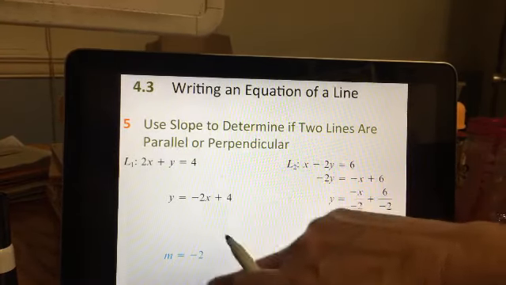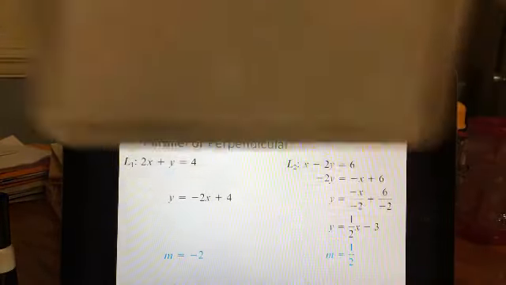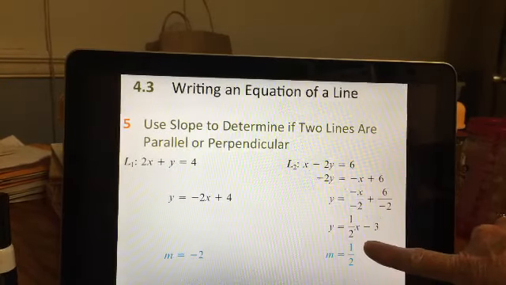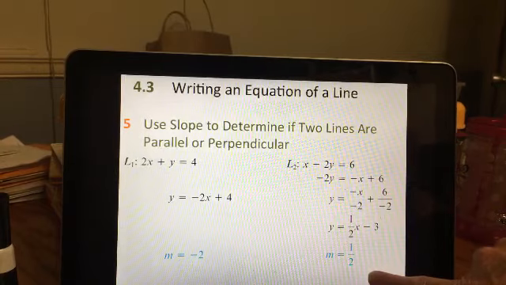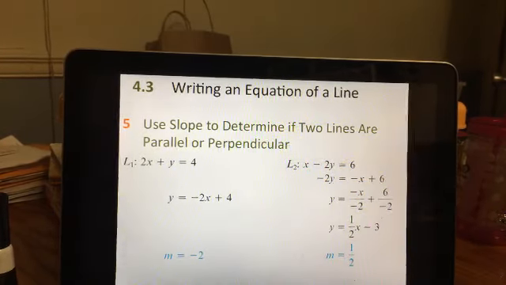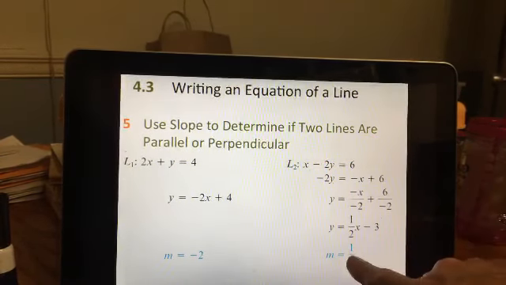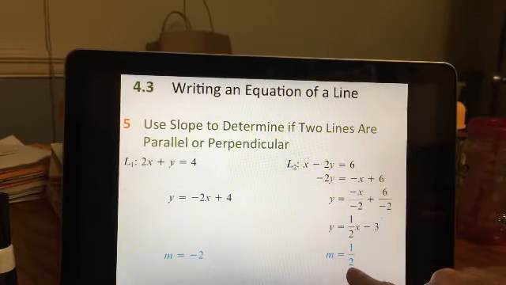They said the slope is negative 2. Well, we found a negative 2 also. The second one, they turned it around into slope-intercept form to find out that the slope was 1/2. Okay, so both methods are correct. It's just which one you want to use. The shortcut, or do you want to turn them into slope-intercept form to find out what the slope is?